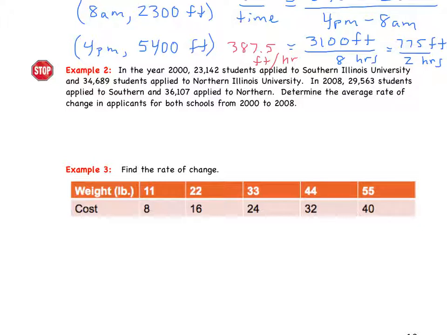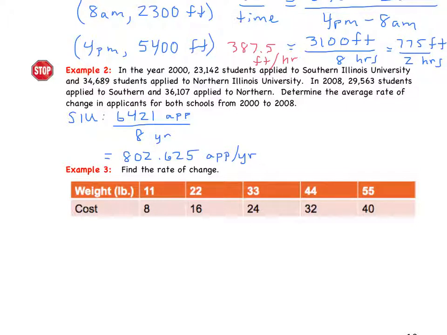Okay, hopefully you had some chance to try to find the average rate of change in the applicants. So first, for SIU, we should see that the rate was 6,421 applicants over an 8-year span. Or another way we could write this is 802.625 applicants per year, so an increase there.